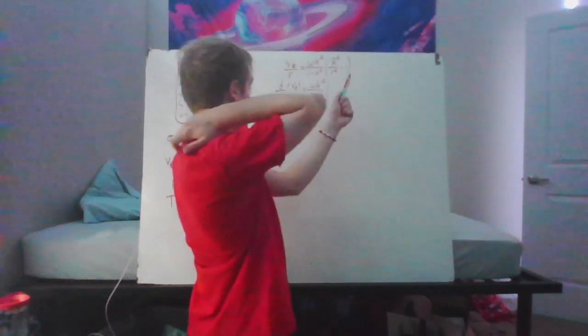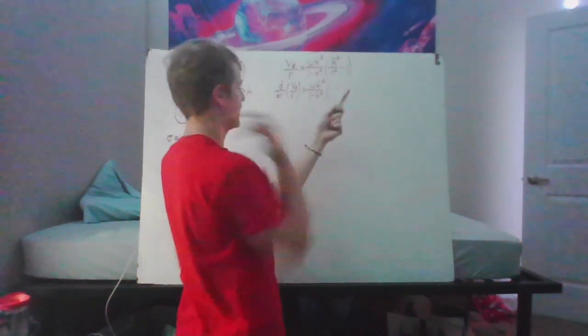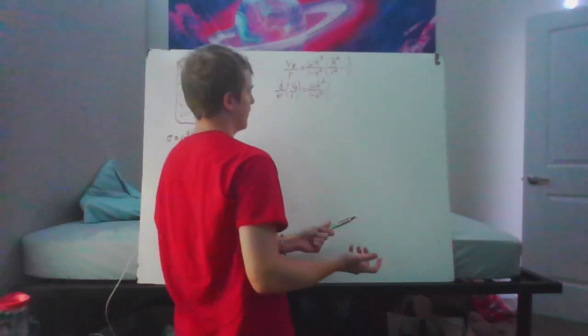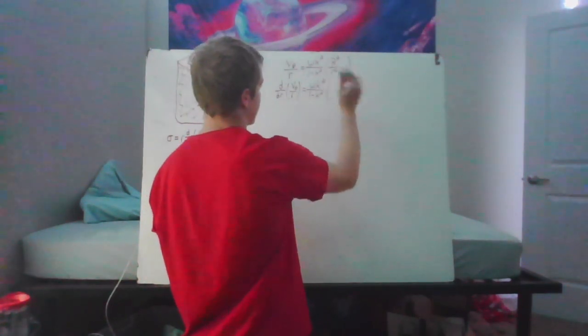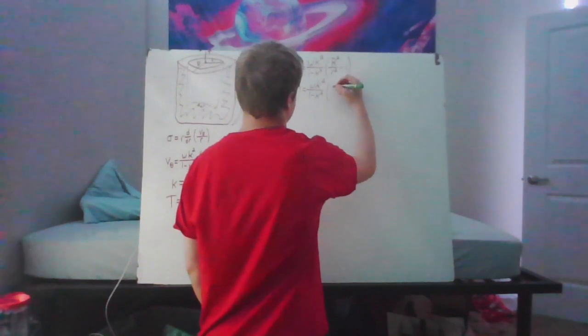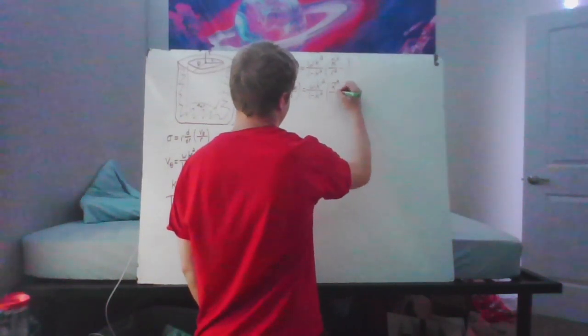And then the derivative of 1 here, it's just constant, so that goes to 0. And then here, this big R squared is also just a constant, so that'll stay the same.